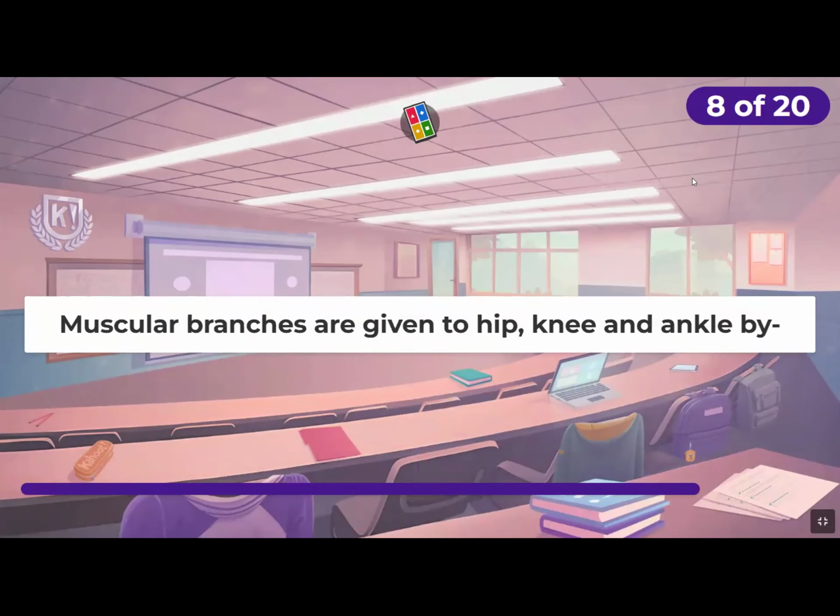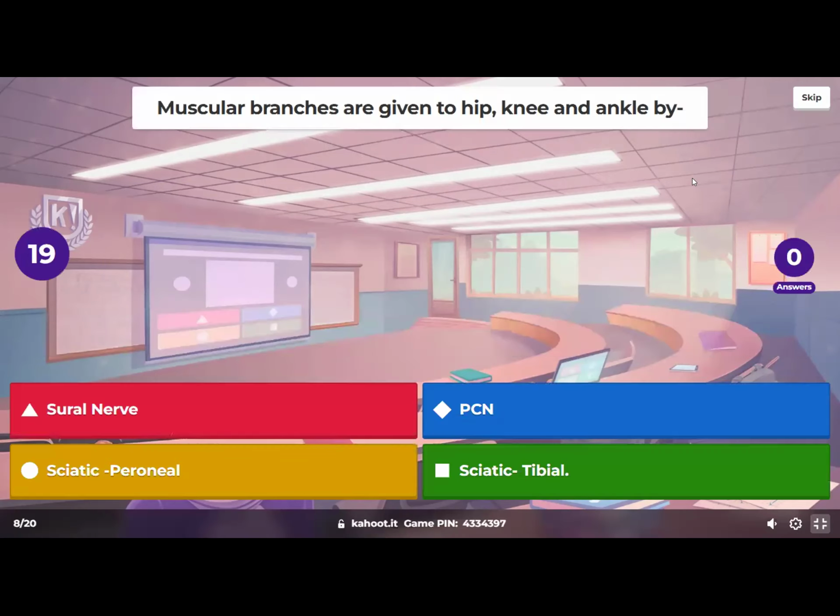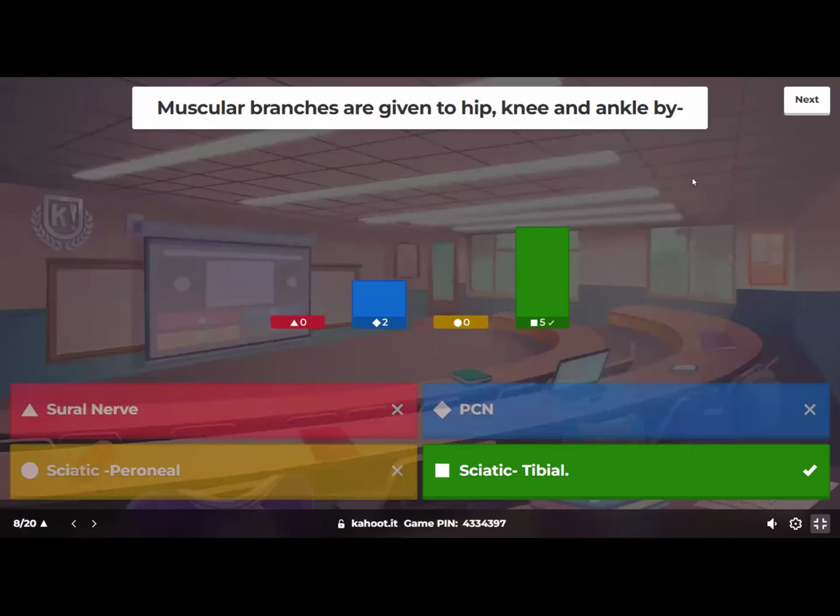Muscular branches are given to hip, knee, and ankle by... This is again a tricky question. Think about it. Wow, perfectly correct.